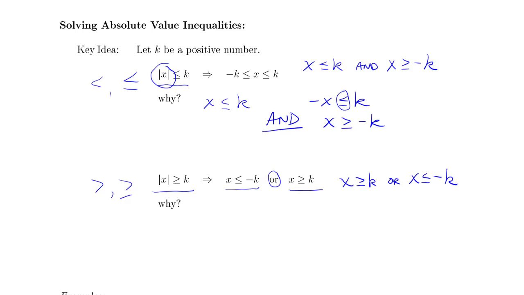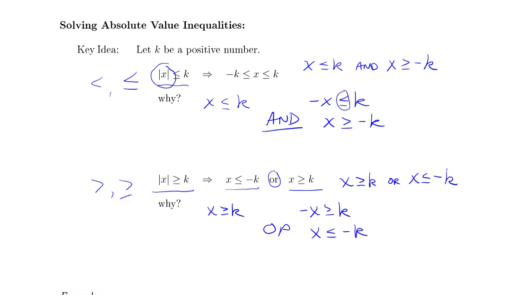Okay, and this is true because, again, the absolute value of x could just be x, it could be negative x. So in the case where it's x, you would just get x greater than or equal to k. In this other case, you get negative x greater than or equal to k, but again, if you divide by the negative, you get x less than or equal to negative k.